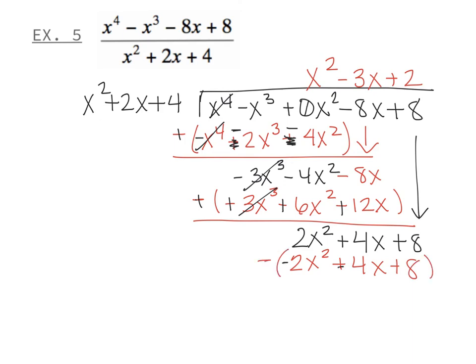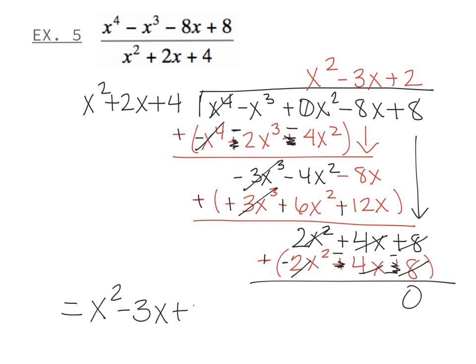Distribute negative, negative, negative. So 2x squared minus 2x squared cancels. 4x minus 4x cancels. And then 8 minus 8 cancels. Remainder of 0. So the answer would just be what's on top of my house. So the x squared minus 3x plus 2.